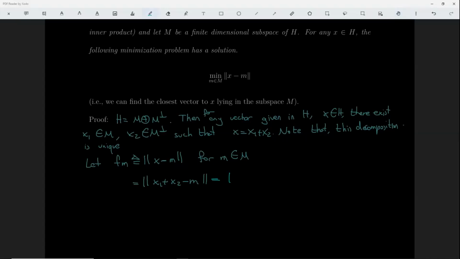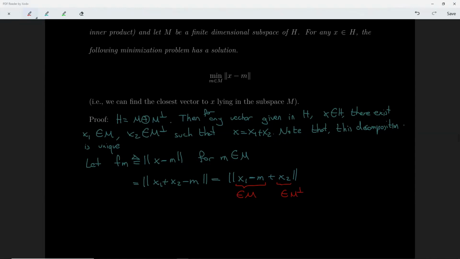So if I rearrange the terms and write down x1 minus M plus x2, then I can claim that the first term is a linear combination of two vectors in our subspace M, therefore it's another vector in our subspace M. And the second term is still in M orthogonal complement. Okay.